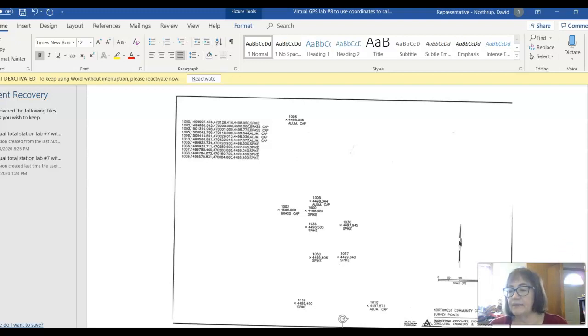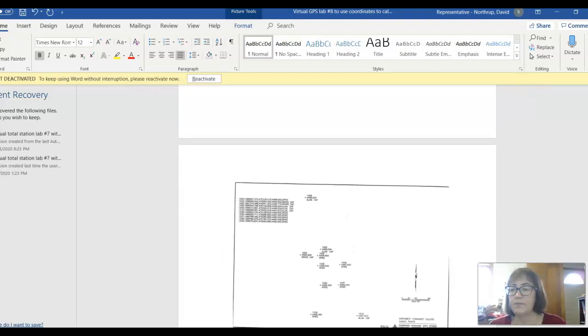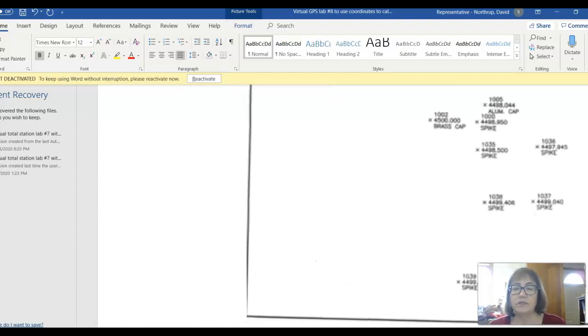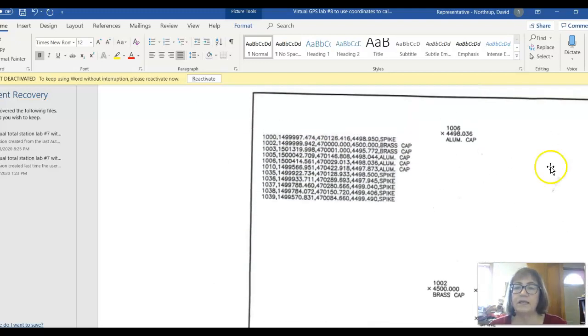Now, the data, and you are going to learn this when you're watching the vlogs, doing the homework and reading the textbook, but the data that's returned by a GPS is in what are called coordinates, and that data is right here. This is what we're going to be working with in the lab today.